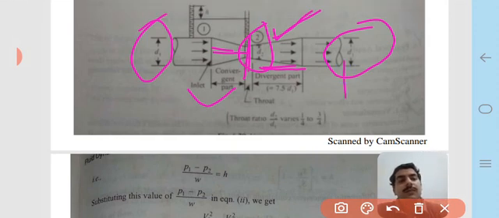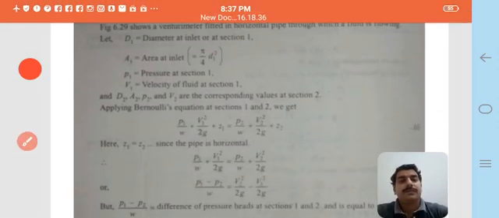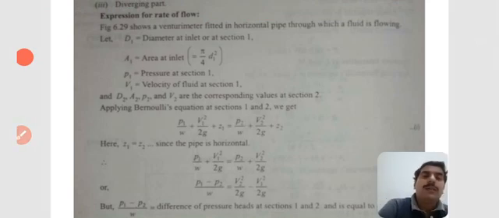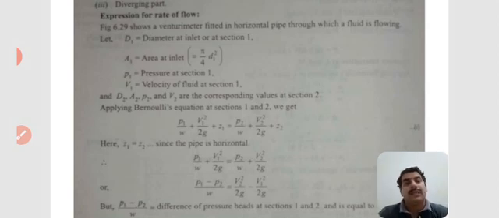Now, the area at section 1 is A1, the pressure at section 1 is P1, and the velocity at section 1 is V1. Similarly at section 2, the diameter is d2, and A2, P2 and V2 are the corresponding values at section 2.